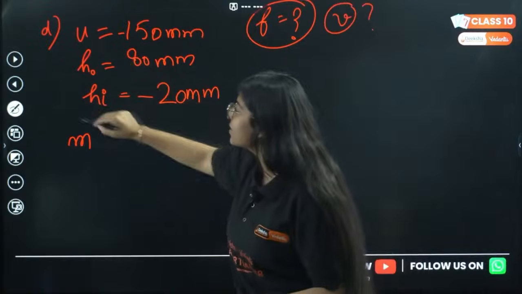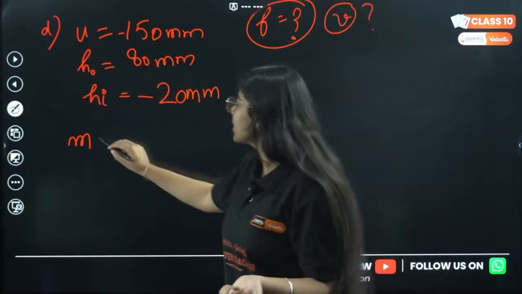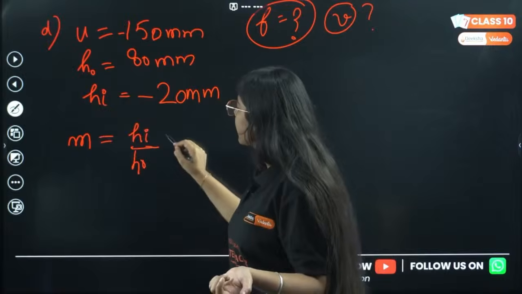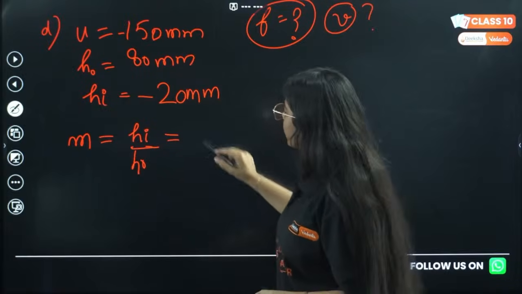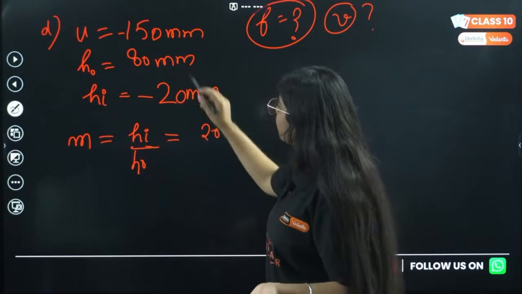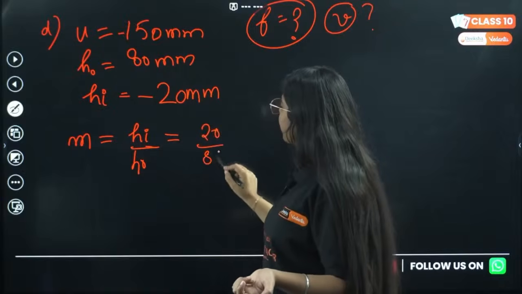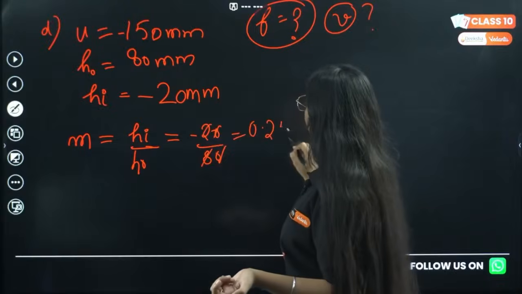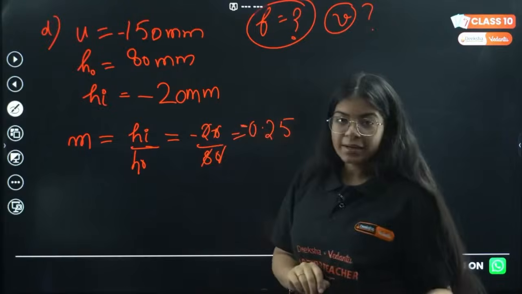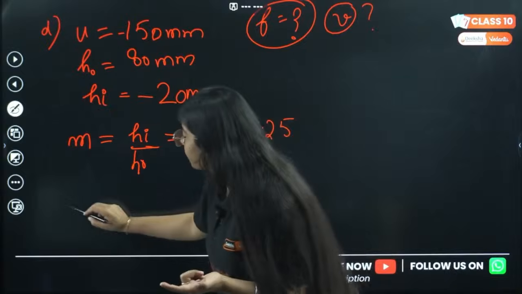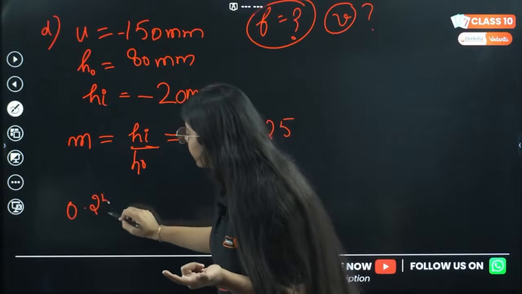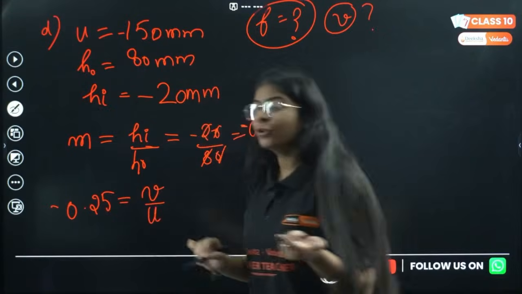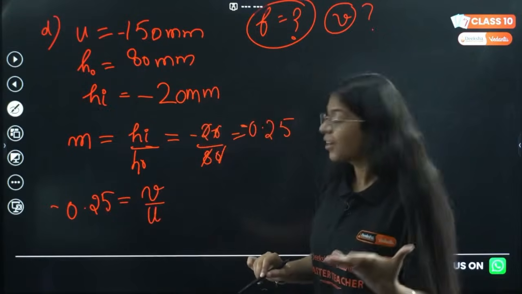Because we have height of image by height of object, which is magnification. Height of image is 20 mm and object is 80 mm, and it's minus. So this will be minus 0.25. Correct? Now another formula of magnification is v by u, and I have u.